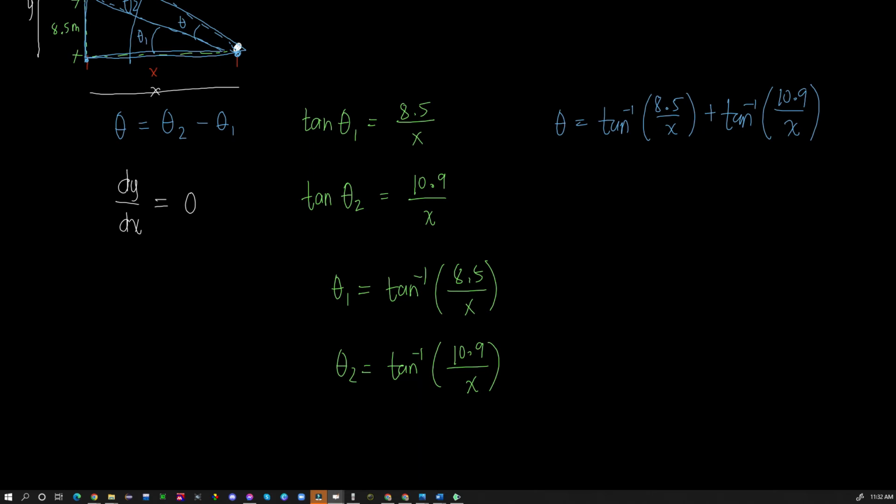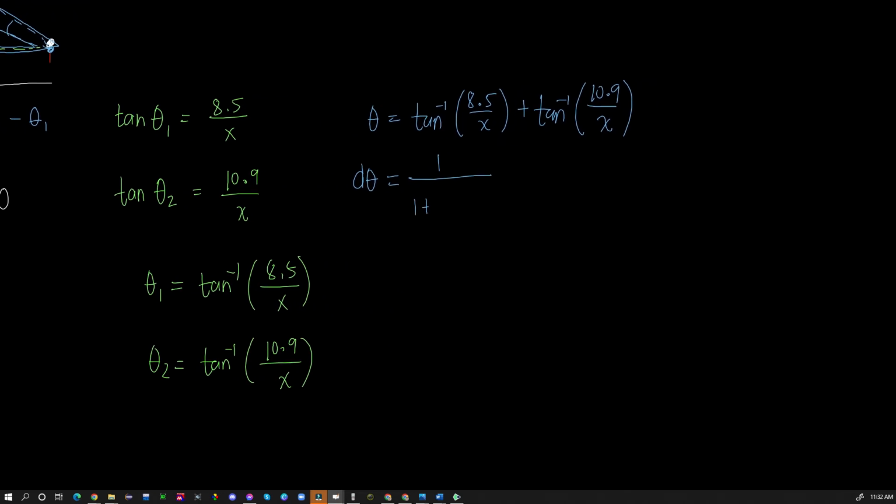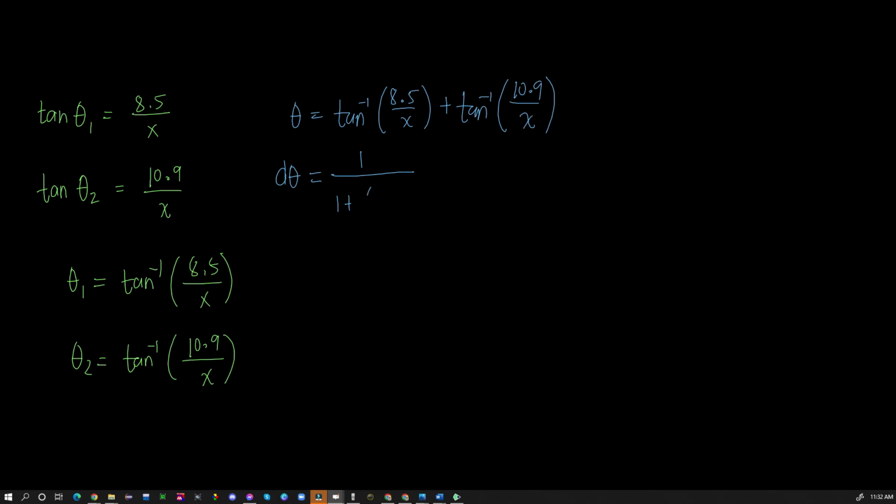Okay, now, saan ni man na derive na nato ni. So, we have d theta is equal to, ganyan ang arctan, 1 over 1 plus x squared. So, 1 over 1 plus 8.5 over x squared.